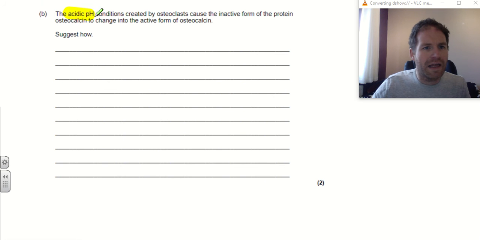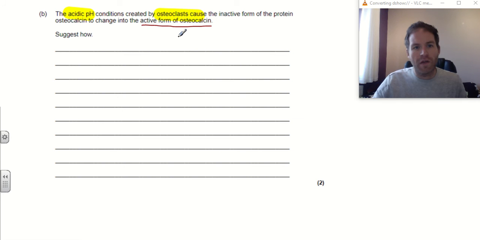the acidic pH conditions created by osteoclasts cause the inactive form of the protein osteocalcin to change into the active form. It was the active form that was needed for the stimulation of the beta cells to make insulin. So let's suggest how. This is a question of our understanding of proteins.